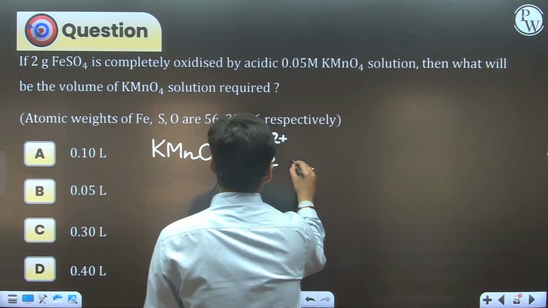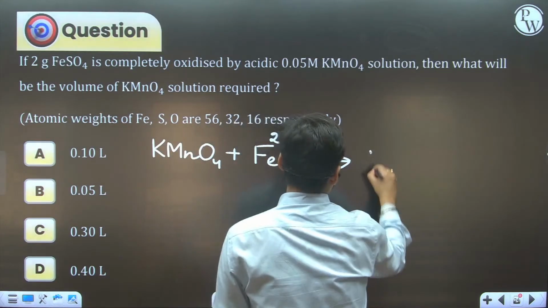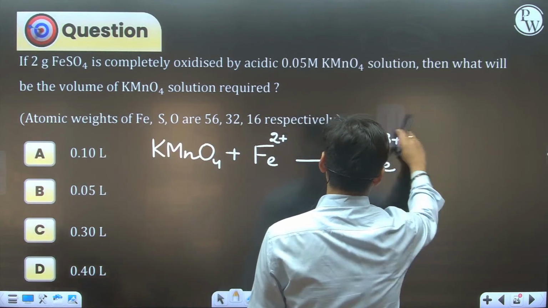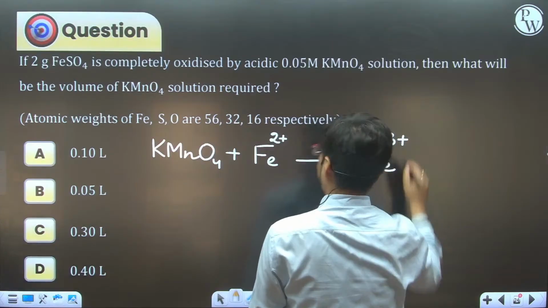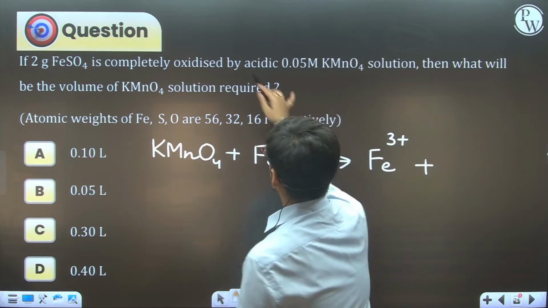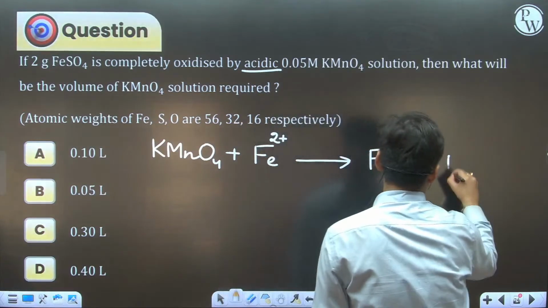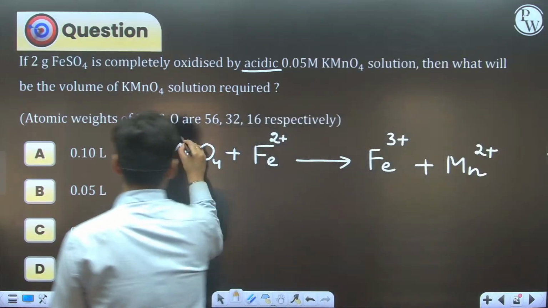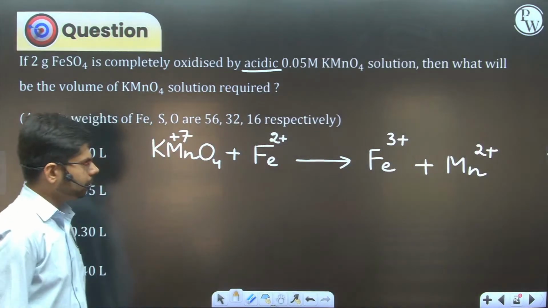Now I will write Fe3 plus because Fe2 plus gets oxidized to Fe3 plus, and since the medium is acidic, straight away I can write Mn2 plus is definitely formed, and from here we can proceed.